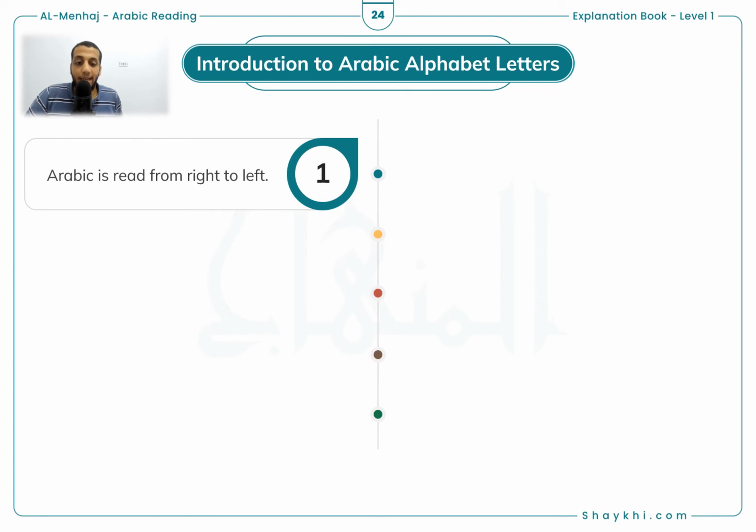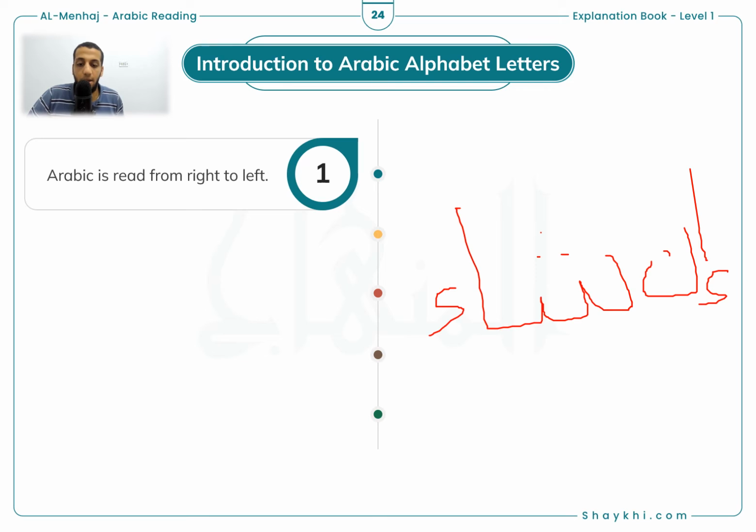So let's take an example to understand together. Let's write down this word. For example, inshallah. Now you noticed that I started writing from right to left. Insha'a, inshallah.